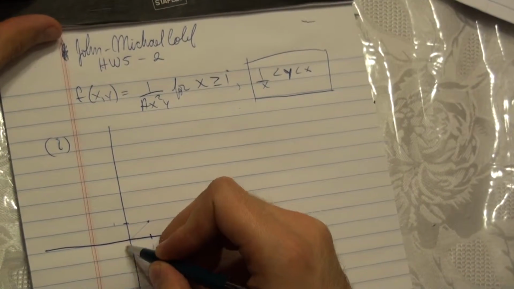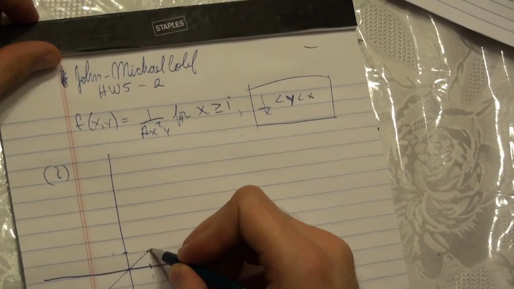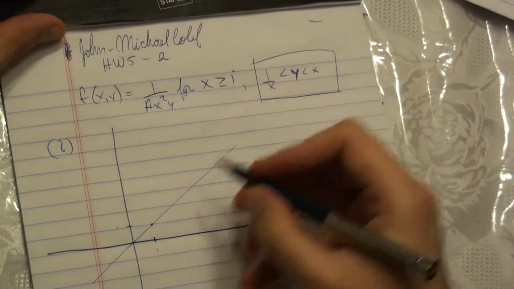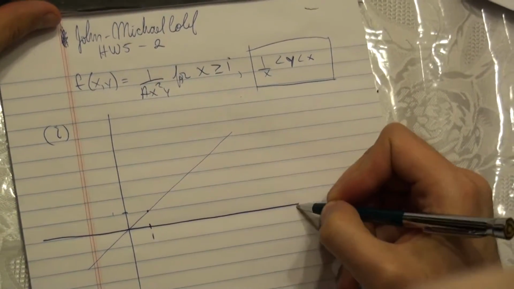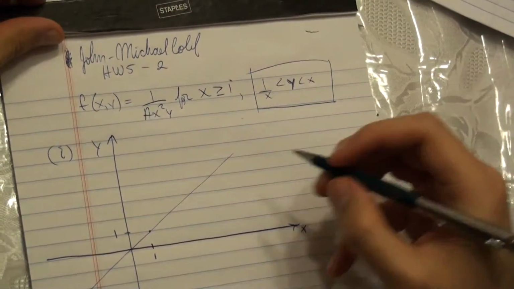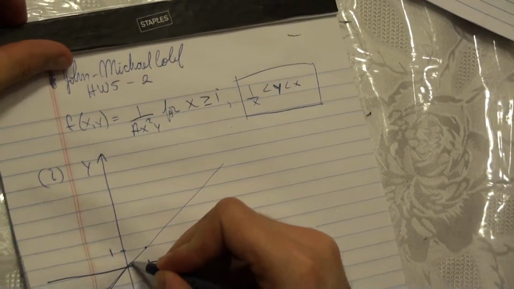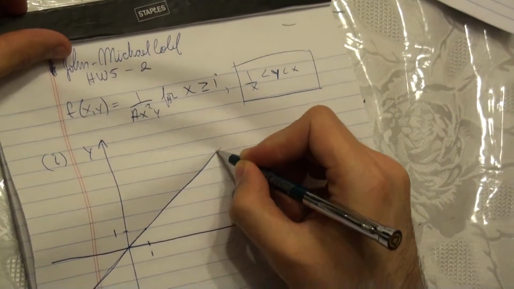So the line y equals x is just a line like this of slope 1. This should be x, and this should be y. At x equals 1, the line passes through y equals 1.